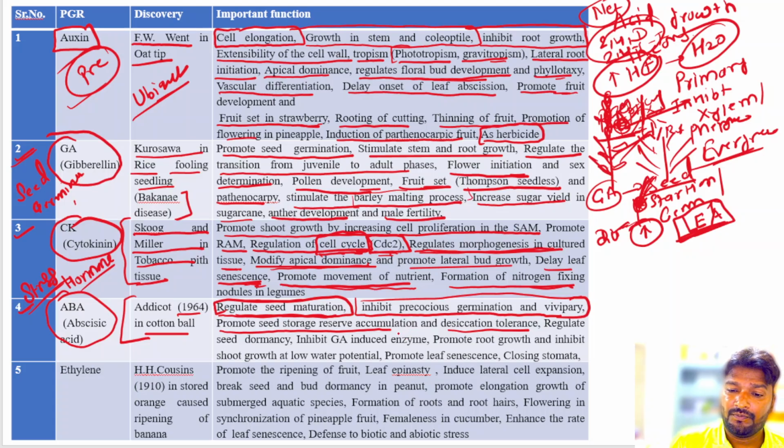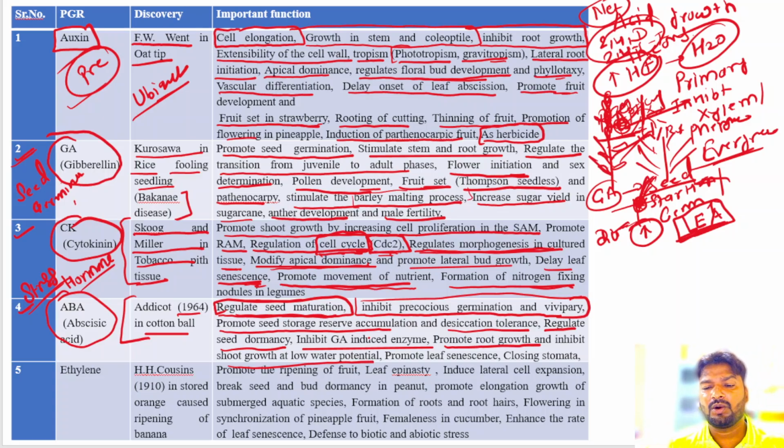Okay. So it also regulates the seed dormancy, means opposite to the gibberellic acid. Also it inhibits the gibberellic acid induced enzymes and promote root growth and inhibits shoot growth at lower water potential.